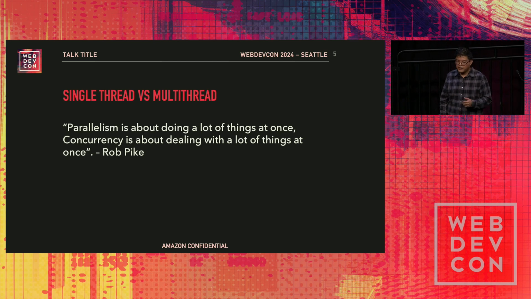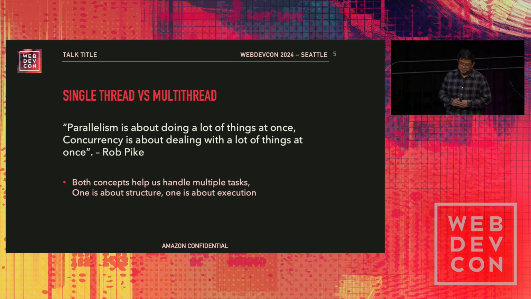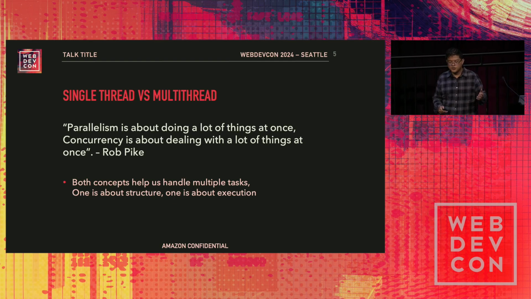Parallelism is about doing a lot of things at once, and concurrency is about dealing with a lot of things at once. So it's not similar. JavaScript achieves concurrency with just one single thread. Both concepts help us handle multiple tasks, but one is about structure, and the other one is about execution.